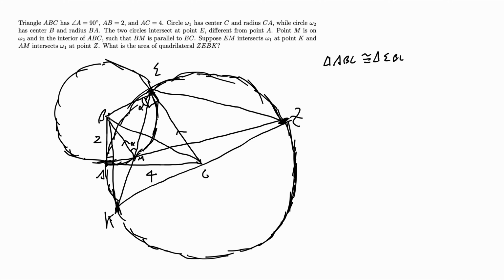And that's because triangle BME is an isosceles triangle. They share the same BM and BE because it's a radius. And also, by construction, BM and EC are parallel to each other. So, meaning, this angle right here is alpha. And because alpha plus alpha is 90 degrees, alpha equals 45 degrees.